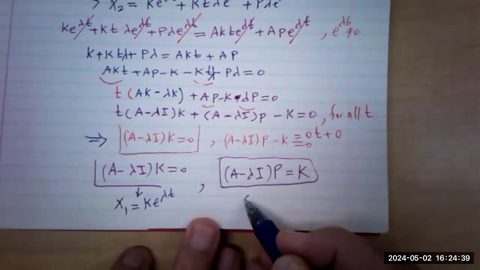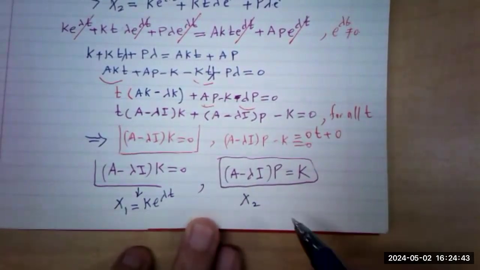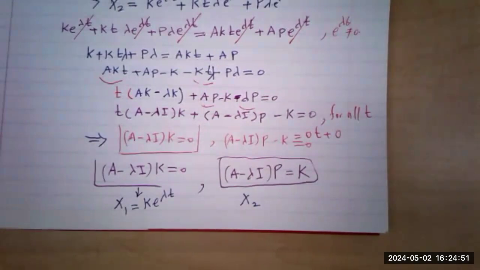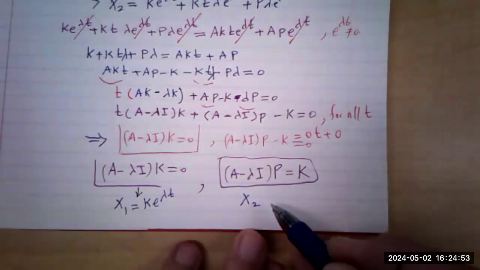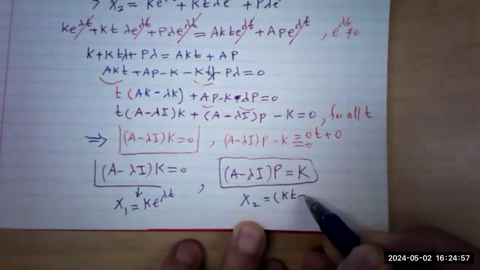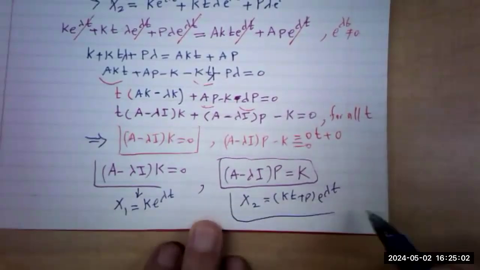And the second one: from this second one, you find K, then you form this equation. There are vectors P and K. You can find the components of P. So the second one creates what we are interested in, the one that we suggested, (K t plus P) e to the lambda t.